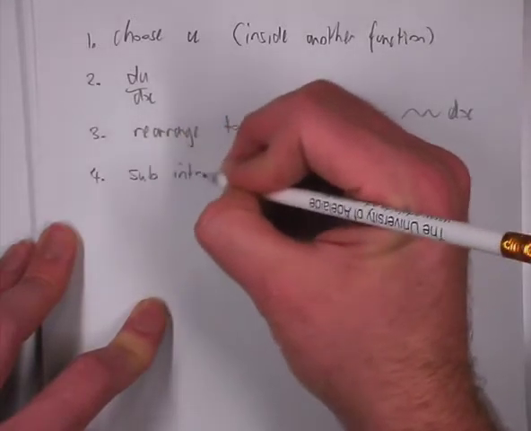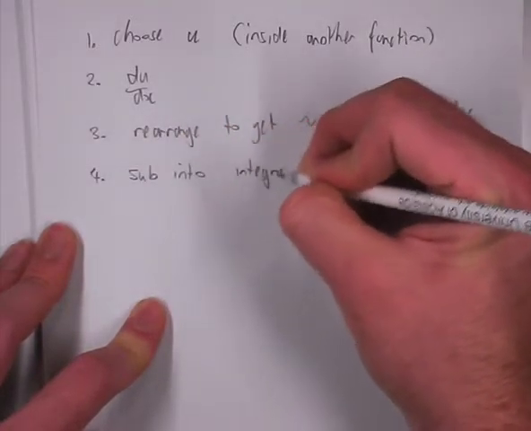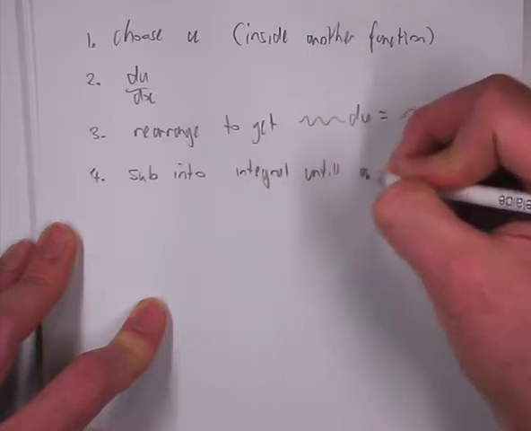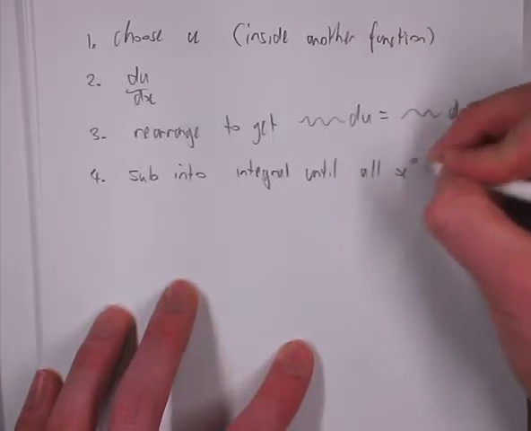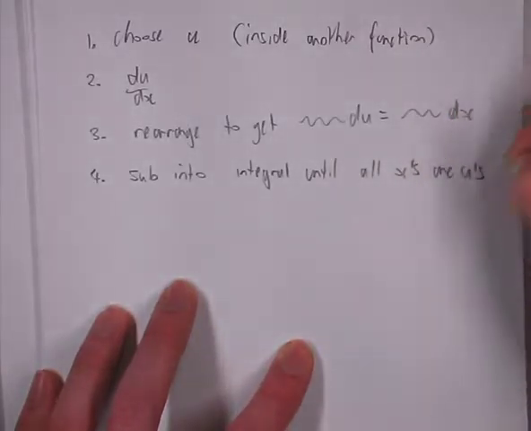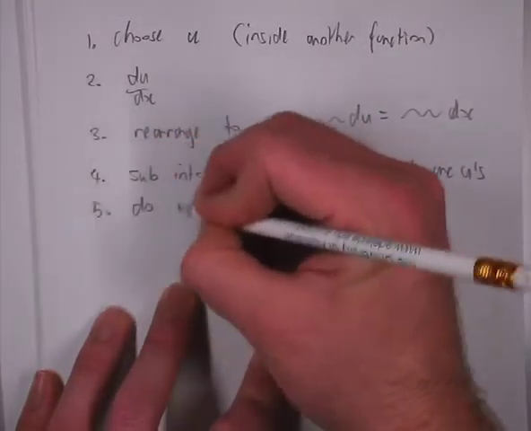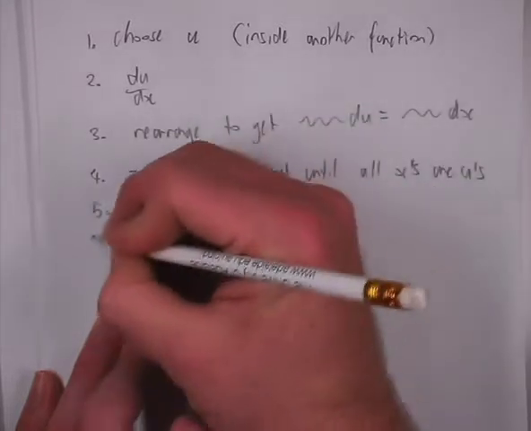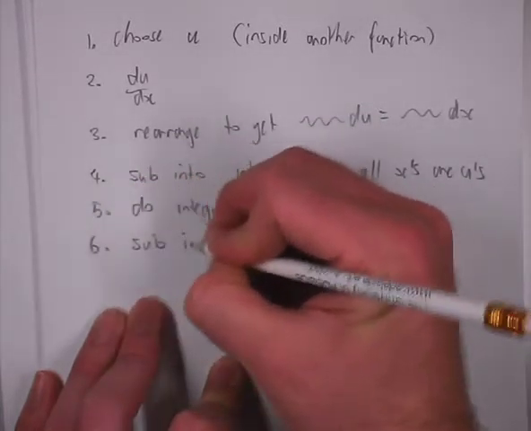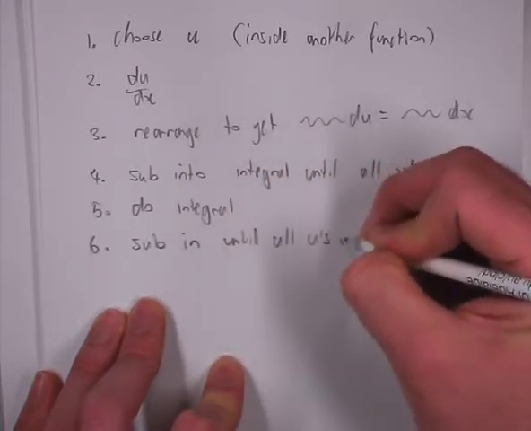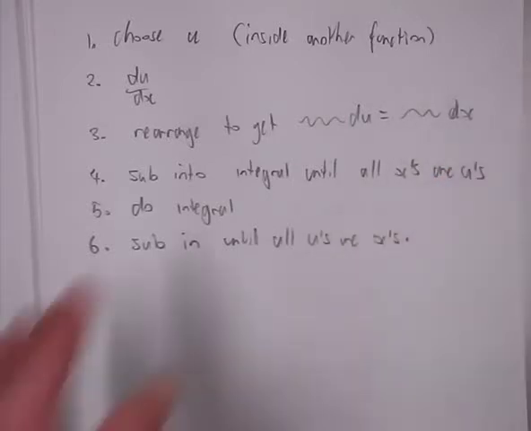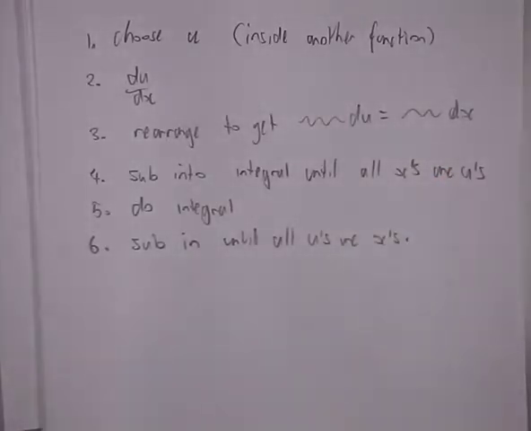Sub into the integral until all x's are u's. Do the integral. Sub in until all u's are x's. That's how substitution works. Now, it seems like a long process, but to be honest, it's the only way.